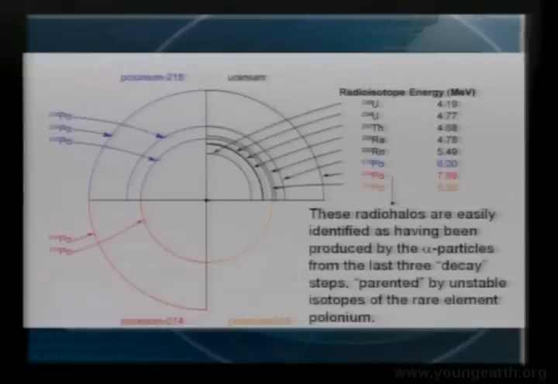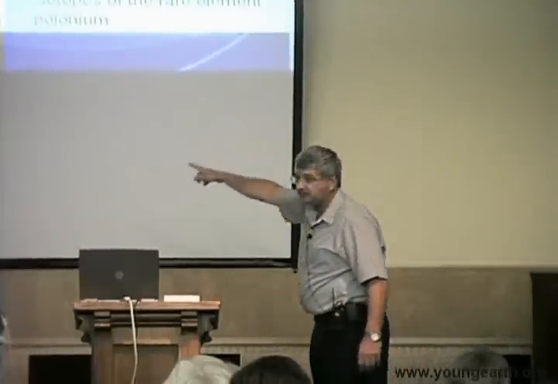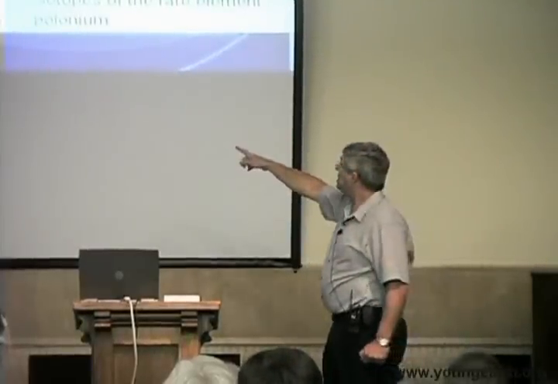They correspond to the last 3 isotopes in the decay chain, the 3 polonium isotopes, polonium-218, 214 and 210. Now, the 1 ring halo only has the ring for polonium-210, so we call that a polonium-210 halo.